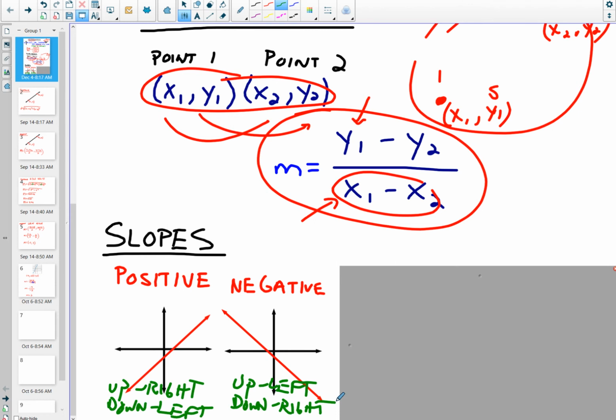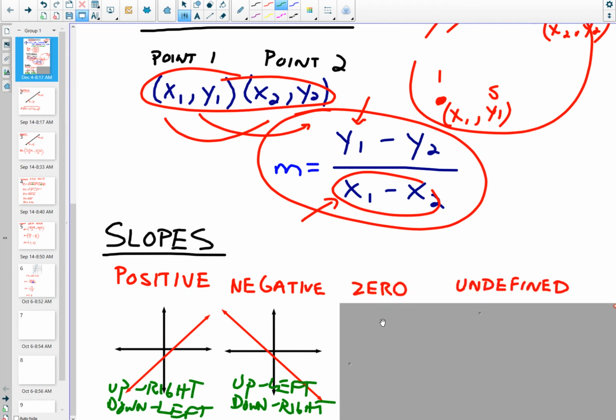And then we have our special cases. They do involve math, but as much as math is involved, it's memorization. Zero slopes and undefined slopes, you kind of have to memorize these.